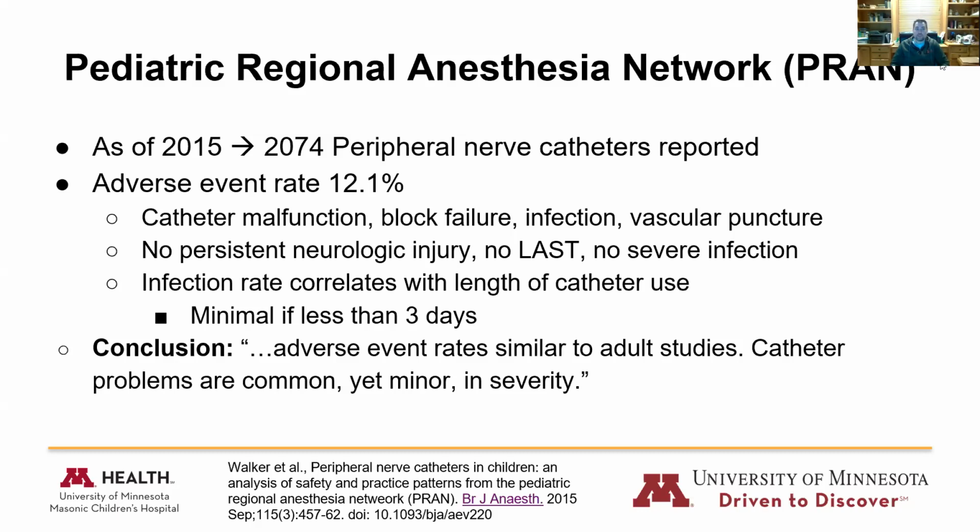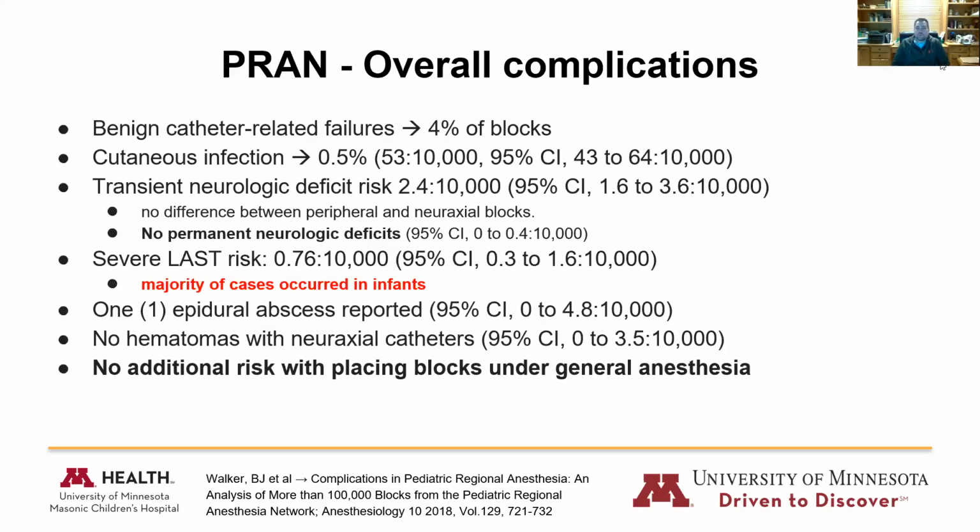So they recommend that pediatrics can utilize peripheral nerve catheters. If you look at the overall complication rate, which includes peripheral nerve blocks as well as neuraxial blocks, by far the most common complications are benign catheter-related failures. For example, the catheter falls out or doesn't work as well, and this can happen in up to 4% of the blocks. Skin infections are at 0.5% of the blocks. Transient neurologic deficits become even more rare.